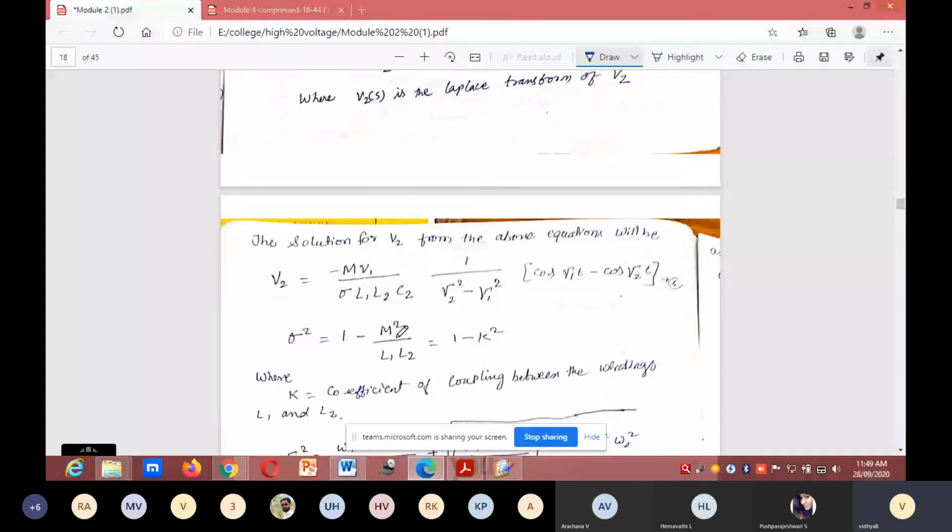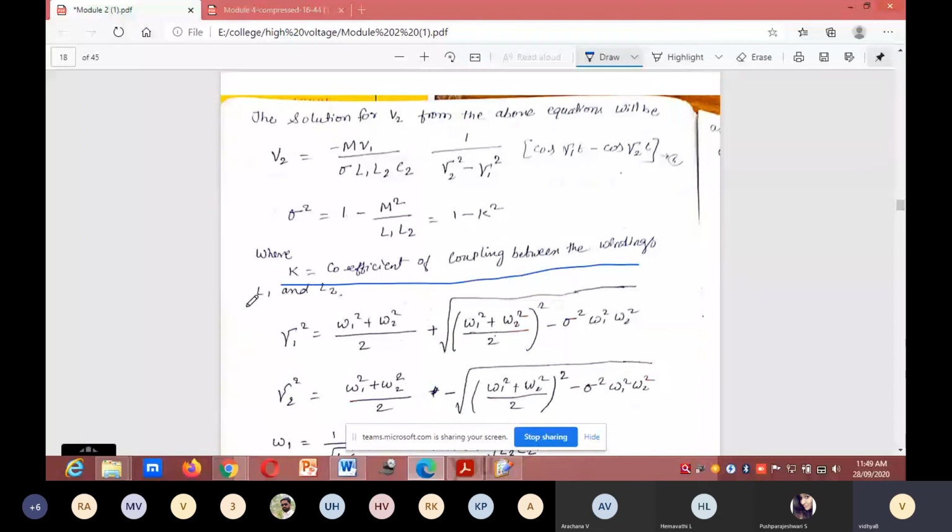Sigma square is equal to 1 minus M square divided by L1 L2 is equal to 1 minus k square, where k is the coefficient of coupling between the windings L1 and L2.